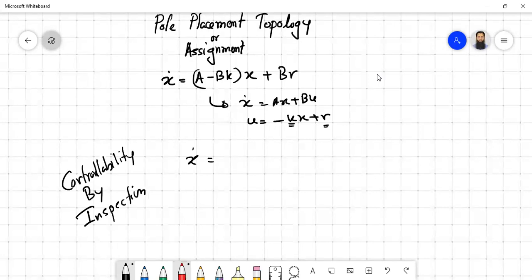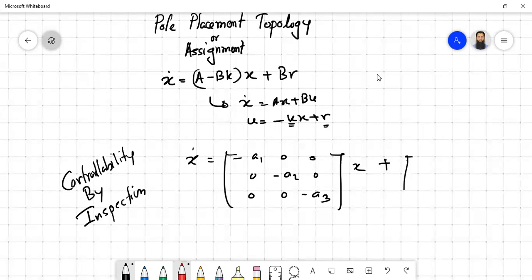So basically, if you have a decoupled system with the system matrix diagonal with minus a1, minus a2, minus a3, with your x, plus you have B, which is 1, 1, 1, times R or U, whatever you like.